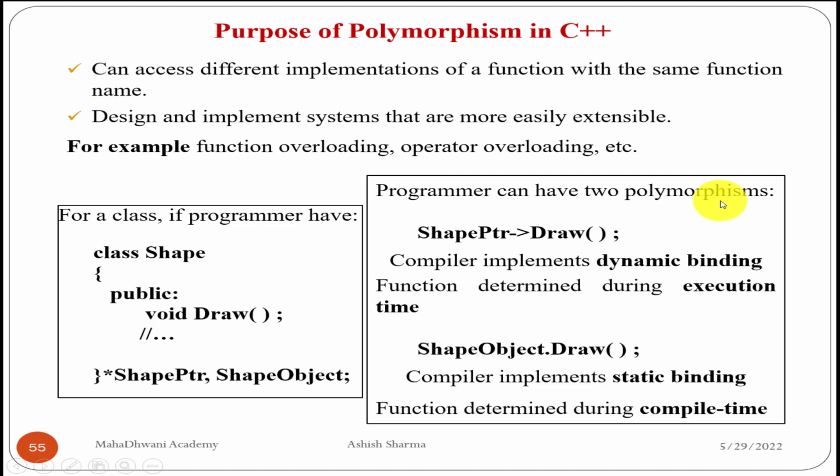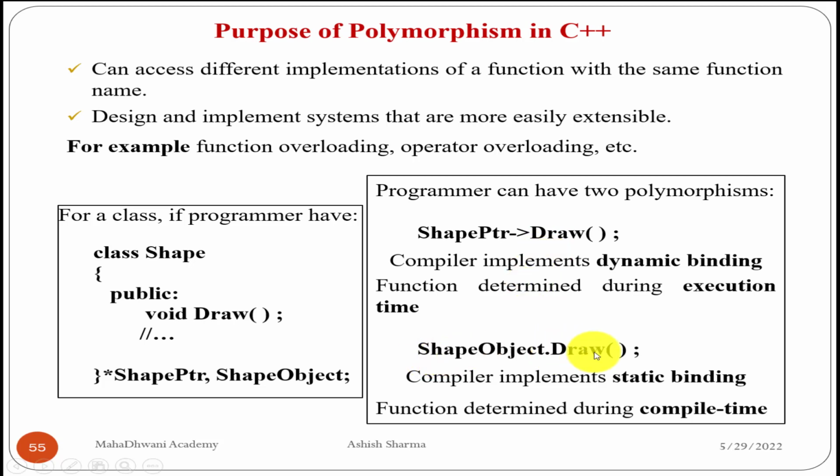The programmer can have two polymorphisms. Shape pointer arrow operator draw: we access the member function of the class Shape with the help of the pointer variable by using the arrow operator. Here the compiler implements dynamic binding; the function is determined during execution time. This is called dynamic binding. It will be executed at the runtime of the program.